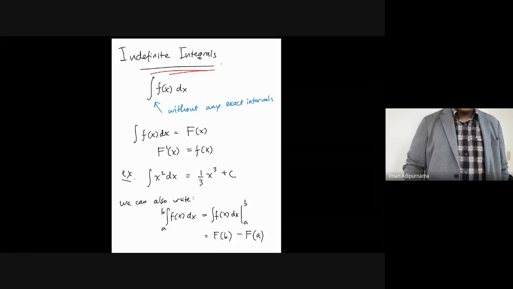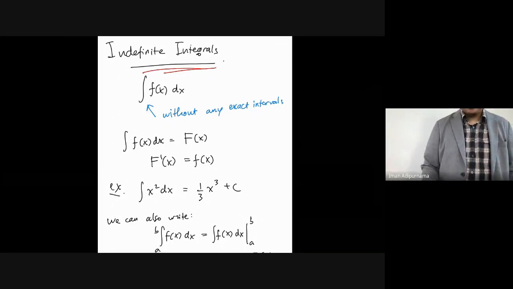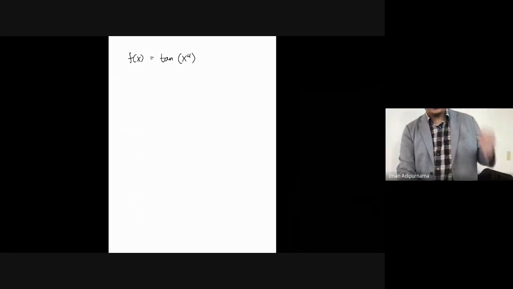And now to compute the integrations, we need several techniques, right? I believe you have learned some of the techniques, but let me review. Okay, let's start from the tangent.